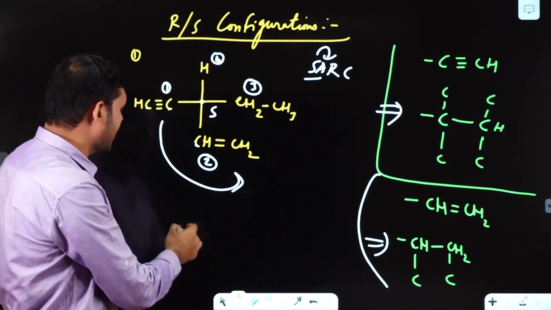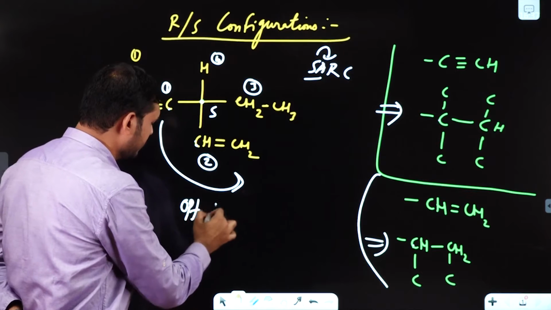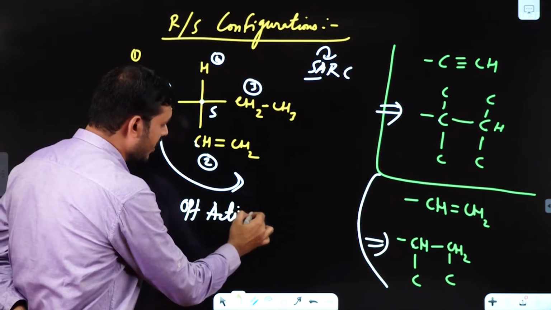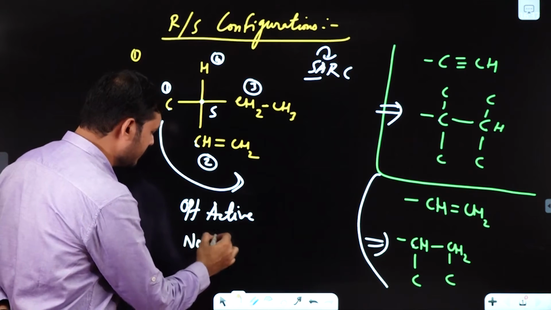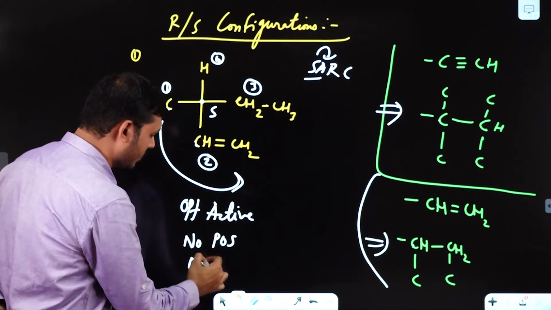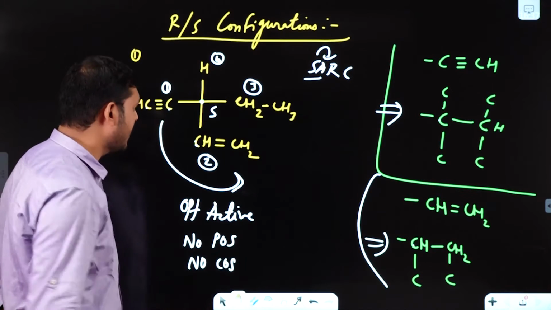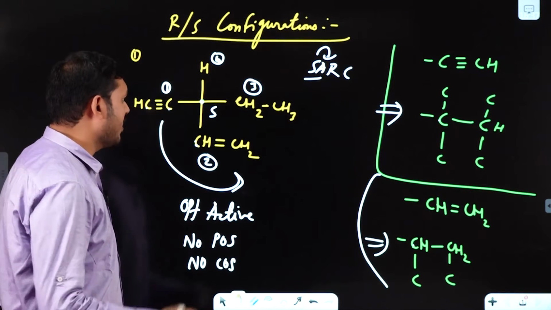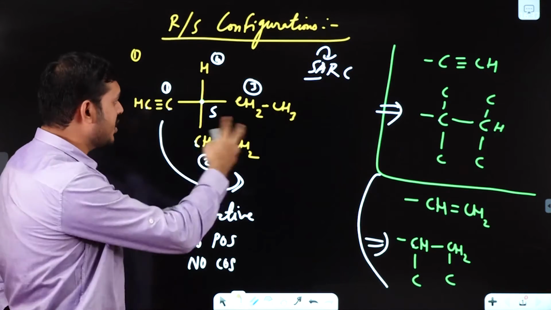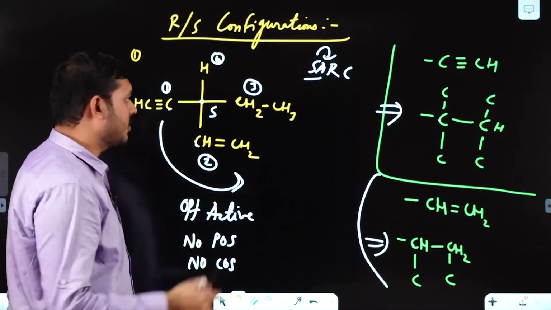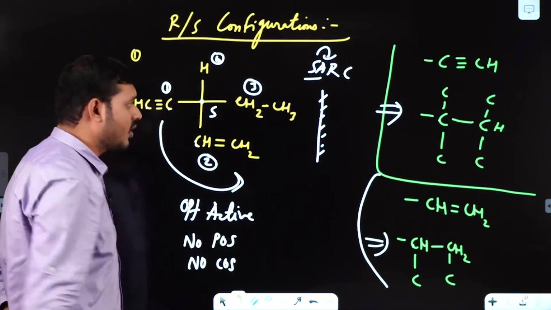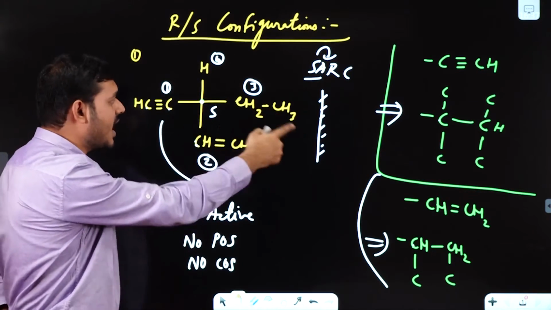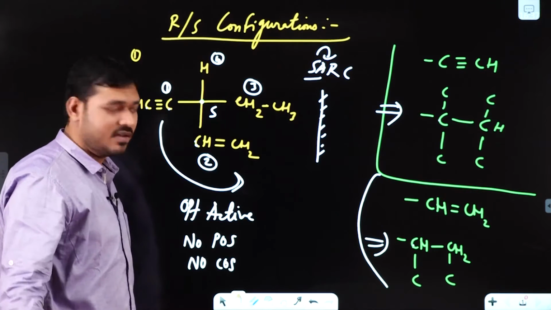Now this compound is optically active, no POS, no COS. Configuration S. Now if I have to draw the enantiomer or optical isomer of this, I can just draw the mirror image of this part, and the mirror image will be R configuration. Clear? Okay.